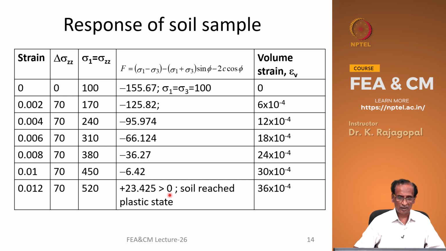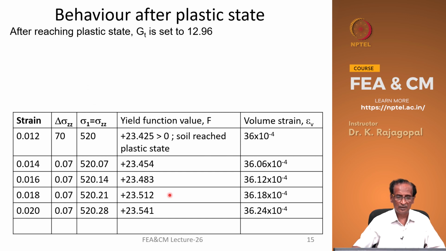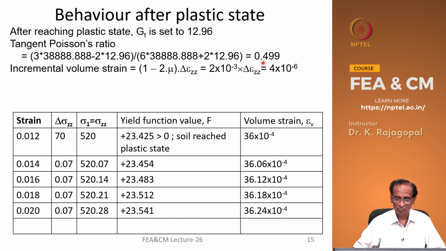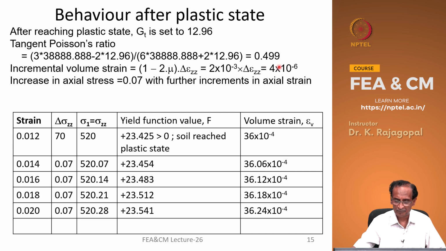At this stage, we can reset the shear modulus to a small value, 0.001 times GI, that is 12.96, and then our tangent Poisson's ratio is (3K minus 2G) by (6K plus 2G), that comes to 0.499, and our incremental volumetric strain is 4 times 10 to the power of minus 6.